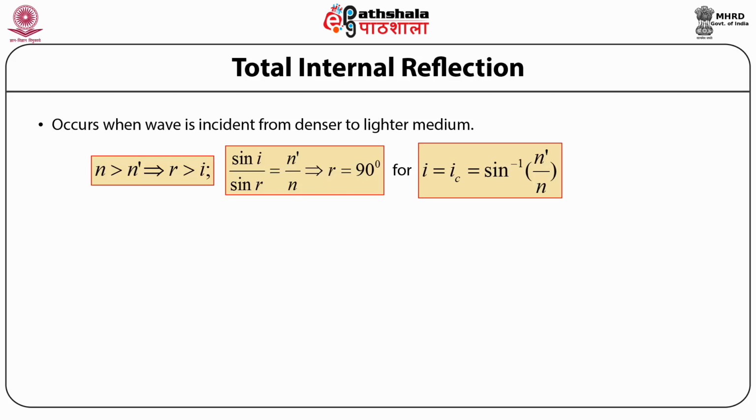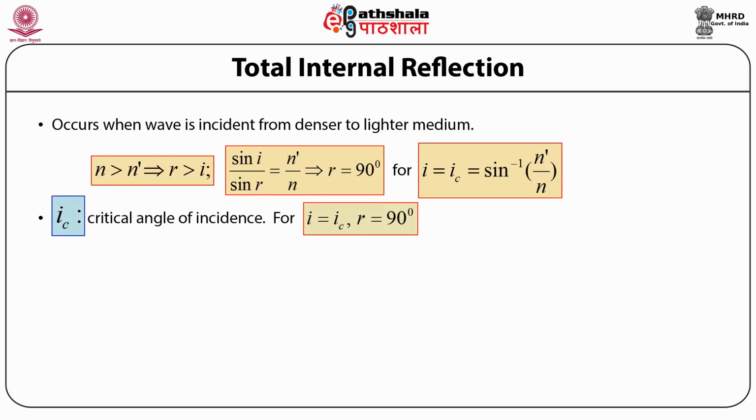So for this special case of angle of refraction becoming equal to 90 degrees, we can find out the angle of incidence as i equal to i subscript c, equal to sine inverse of the refractive index of medium 2 divided by the refractive index of medium 1, where i_c is the critical angle of incidence for which the angle of refraction is equal to 90 degrees.